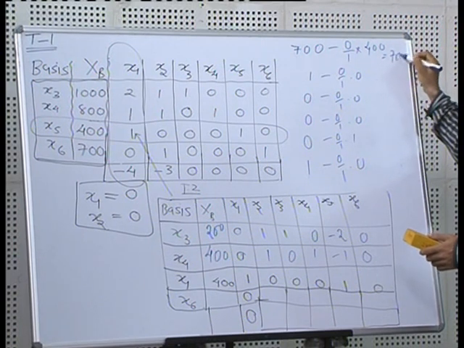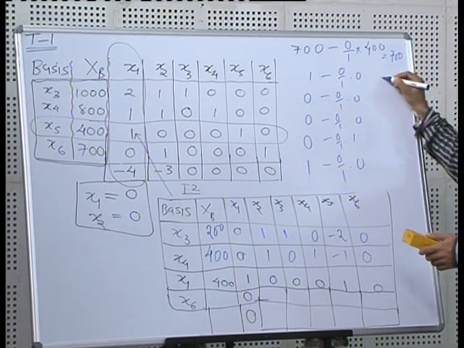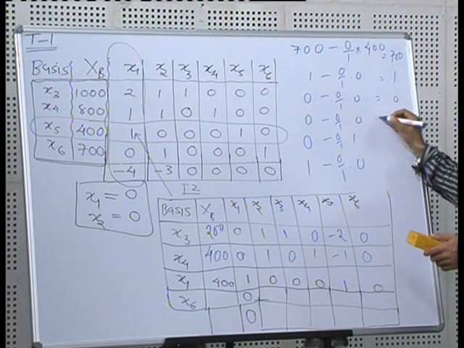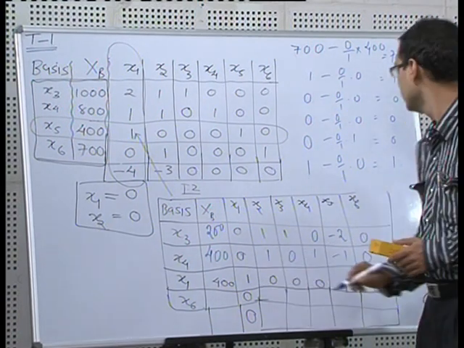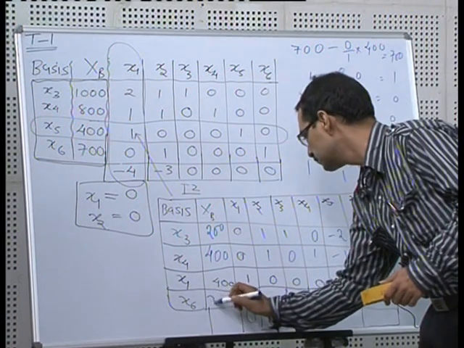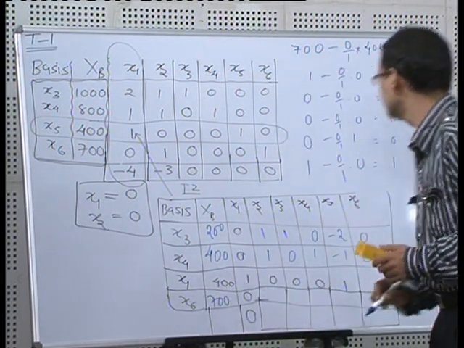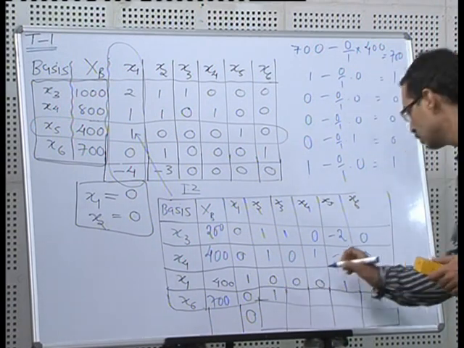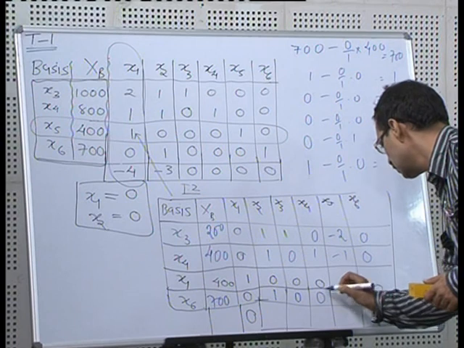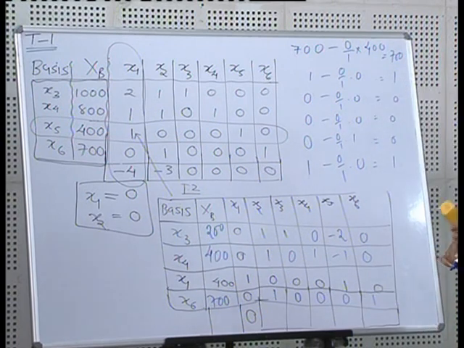So, it is 700, then 1 0 0 0 and 1. So, our row will be 700, okay, then 1 0 0 0 1. So, 0 0 0 1.